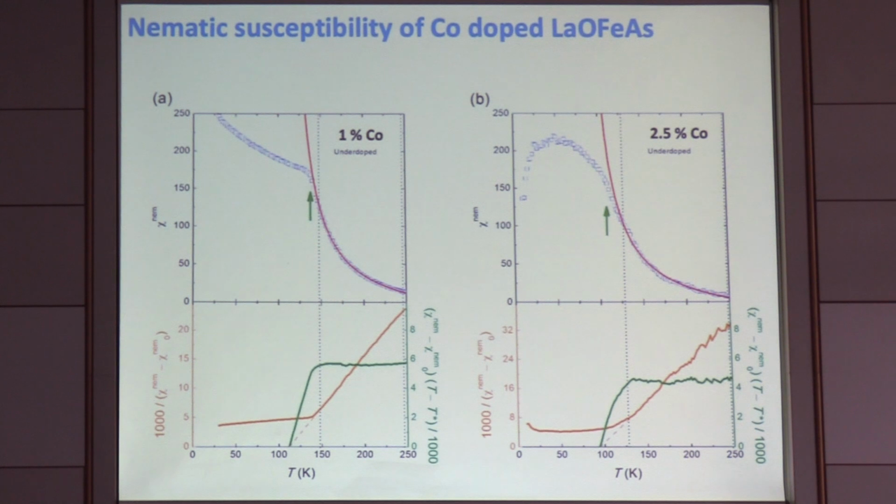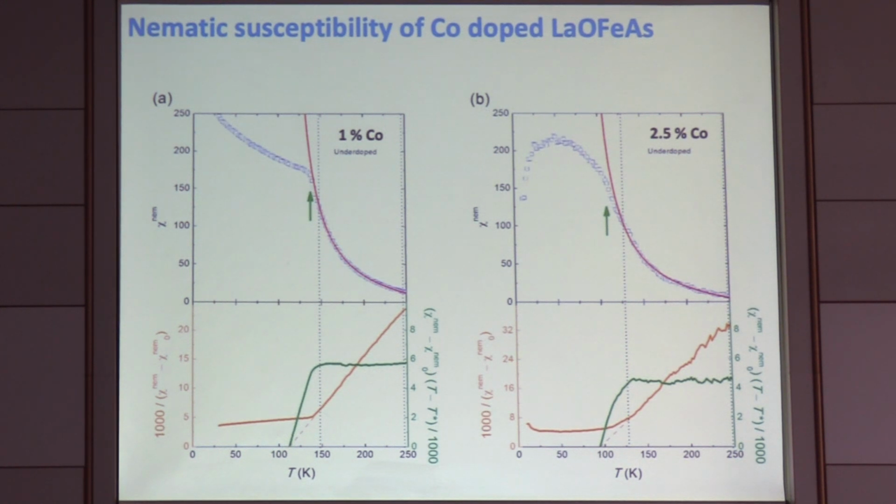Let's have a look at this nematic susceptibility, so the strain derivative of the resistivity. If you go to 1%, 2.5%, you still see this Curie-Weiss behavior. If you do this analysis, you see that this characteristic temperature becomes smaller. So it was 140 in the parent compound, 120, below 100 at 2.5%.